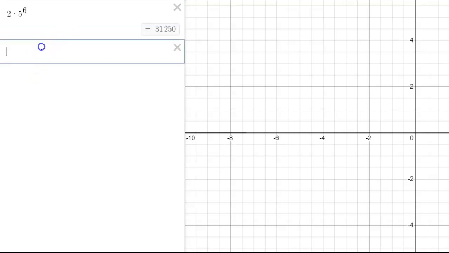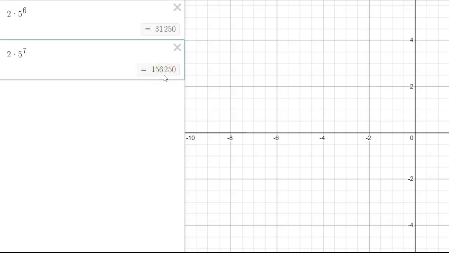All right, so pretty close. So now what about 2 times 5 to the power of 7? Okay, so if we notice that 2 times 5 to the power of 6 gives me 31,250, and then 2 times 5 to the power of 7 gives me 156,250.